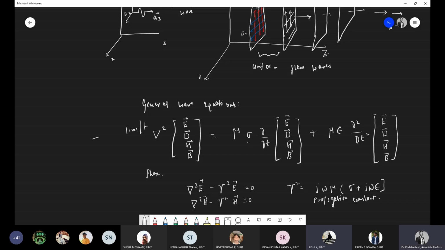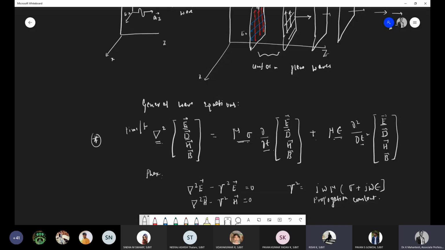Remember this wave equation? Del square E is equal to mu sigma dou E by dou T plus mu epsilon dou square E by dou T square, and del square D is equal to mu sigma dou D by dou T plus mu epsilon dou square D by dou T square.